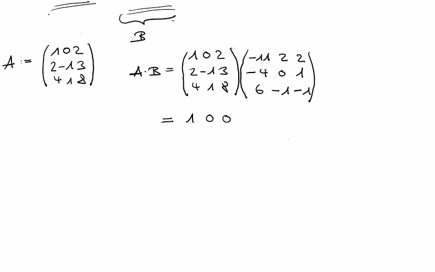So 2 times minus 11 plus minus 1 times 4. So that's plus 4, and 3 times 6. So that's 18. Yeah, and then we see that this is 18 plus 4 is 22, minus 22 is 0.